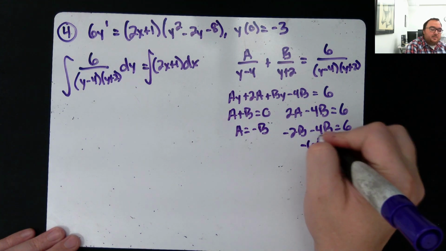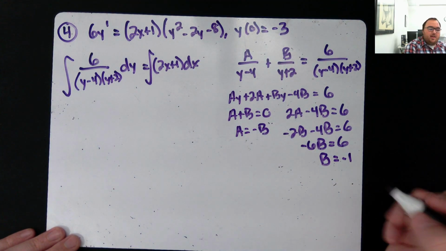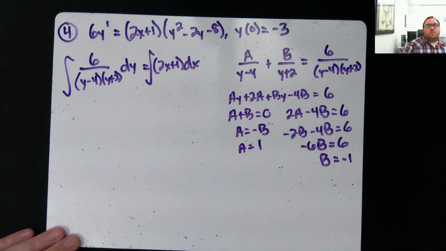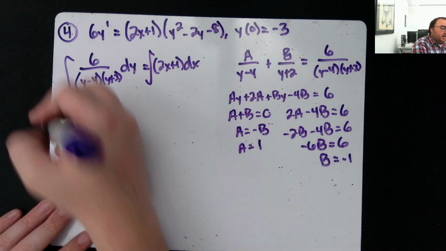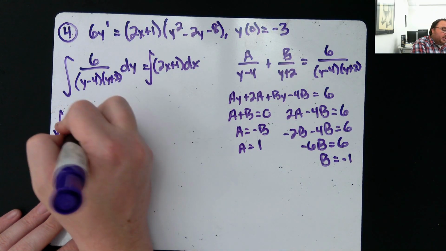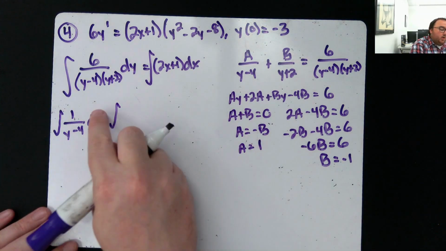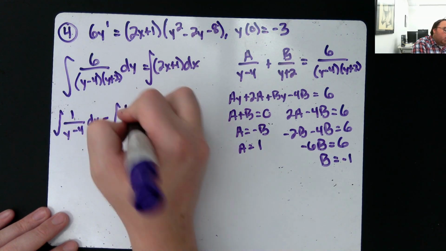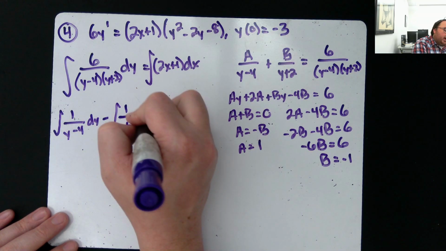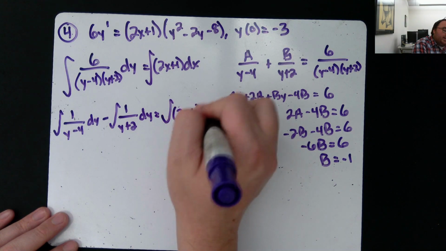That means negative 6b equals 6, so b is equal to negative 1, and therefore a is equal to positive 1. So this becomes the integral of 1 over y minus 4 dy plus the integral of negative 1, so I can do minus 1 over y plus 2 dy equals the integral of 2x plus 1 dx.